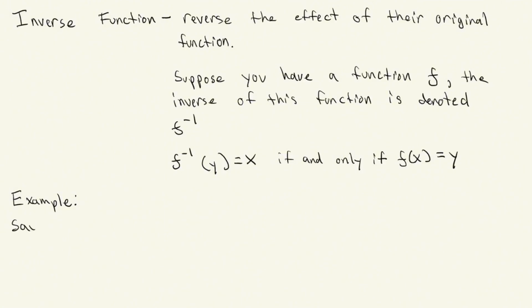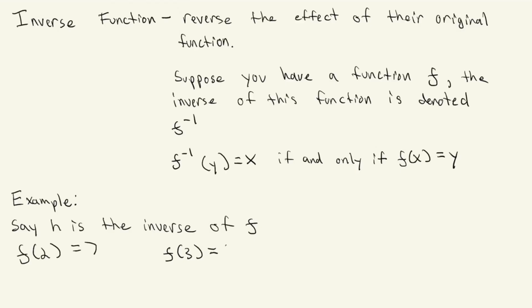So say you have a function h, which is the inverse function of another function, f, and let's say that f of 2 is equal to 7, and f of 3 is equal to 2. So we know by the definition of a function, when you input x into this function, it's going to result in this output y value.